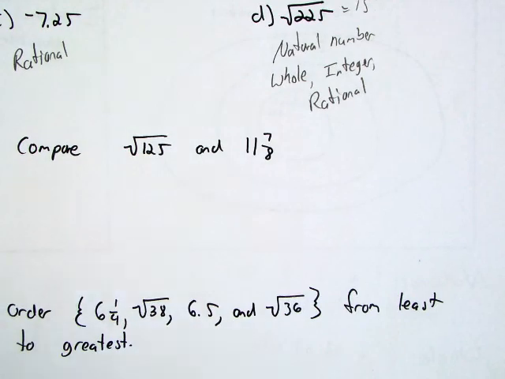Next set of examples then, comparing them. So when we compare numbers, we really like them to be in the same kind of format, either fractions or decimals, something along those lines. So in this case, the square root of 125, that's not a perfect square, which means this is going to be an irrational number, but that also means that we can find it as a decimal.